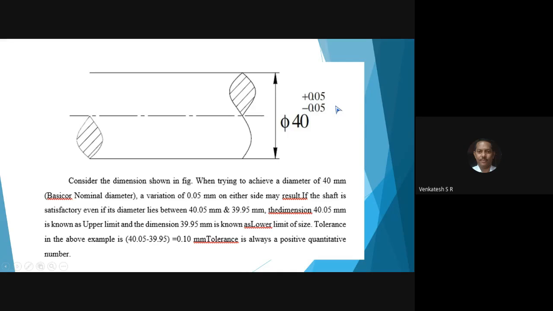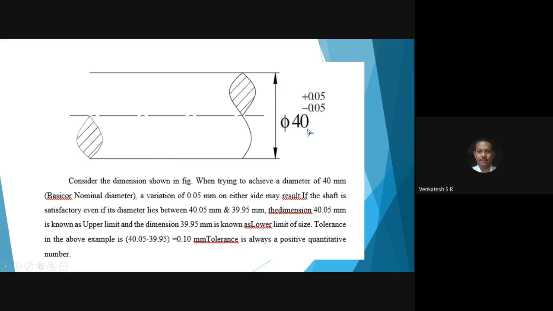In your lifetime, always remember, if you write the minus below the dimension, as a subscript, not power, subscript, 0.005, whether plus or minus below the dimension in the subscript, then it is called lower limit.